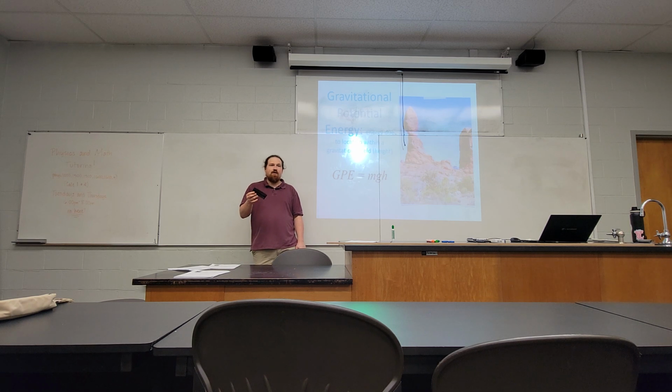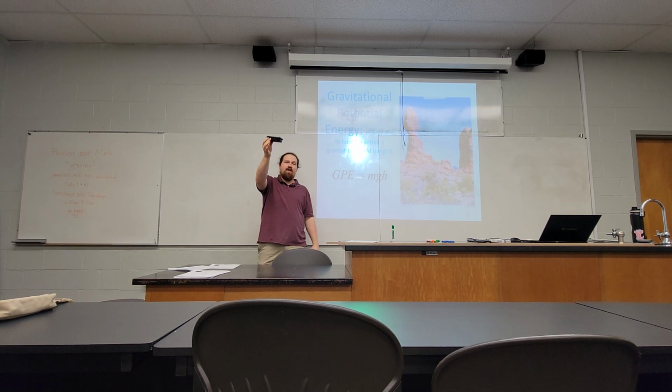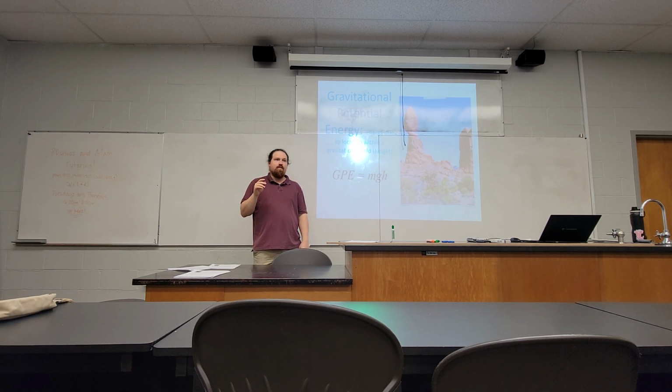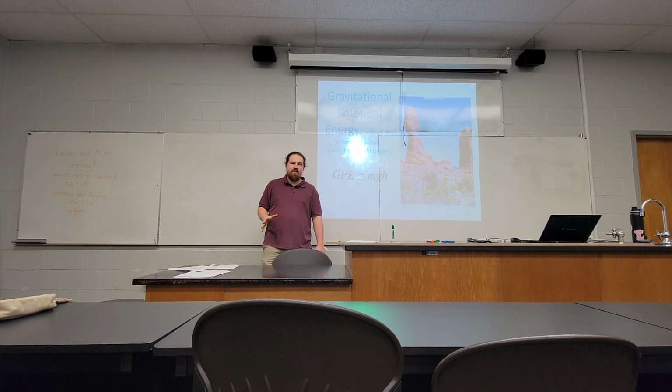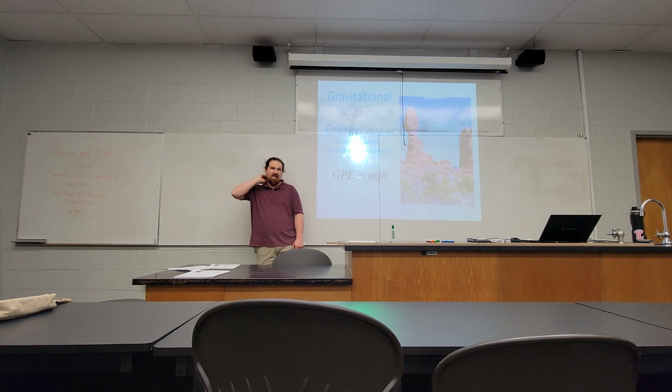And that kinetic energy was created when the gravitational potential stored inside of the eraser is released. So the energy's there, it's just not doing anything until the object starts falling or descending in some way.